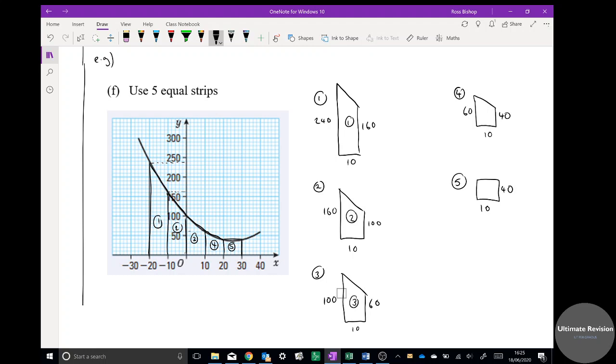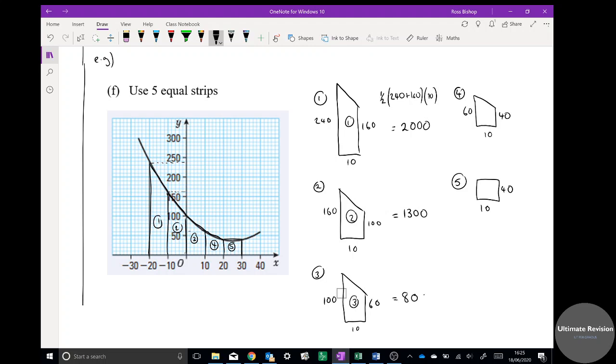Okay, then I need to work through now, and I just need to work out the area of each of these. So the first one is half, 240 plus 160, times 10. You've got 2000 there. And if you do this on all of them, just work through these. That's going to be 1300.